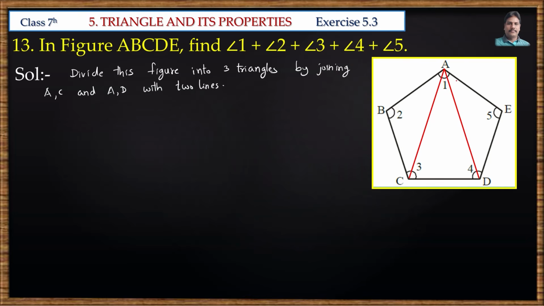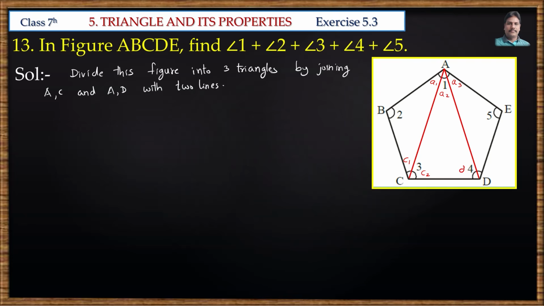Here, angle 1 is divided into 3 parts. Suppose this part is A1 and this part is A2 and this part is A3, and also angle 3 is divided into 2 parts at vertex C. Suppose this is C1 and this is C2. Here at vertex D, angle 4 is divided into 2 parts.